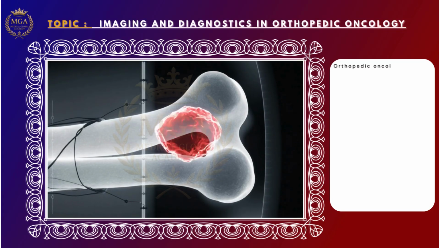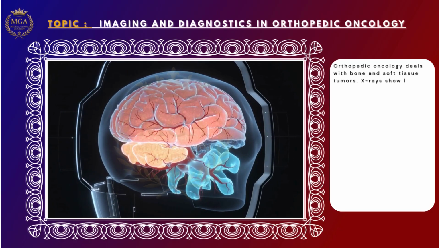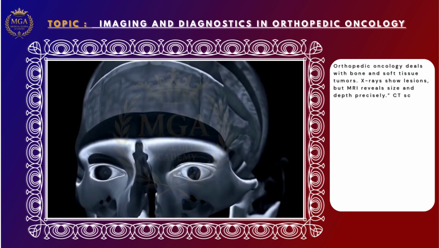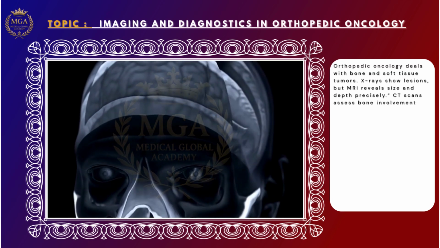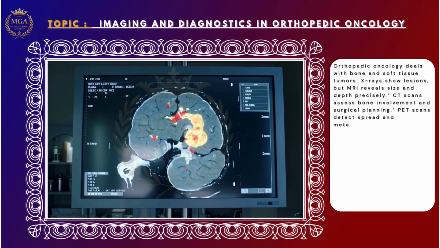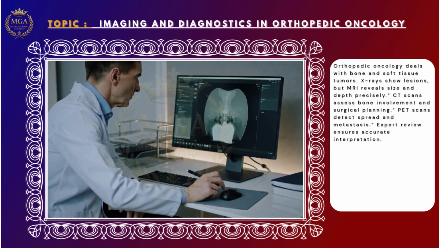Orthopedic oncology deals with bone and soft tissue tumors. X-rays show lesions, but MRI reveals size and depth precisely. CT scans assess bone involvement and surgical planning. PET scans detect spread and metastasis. Expert review ensures accurate interpretation.